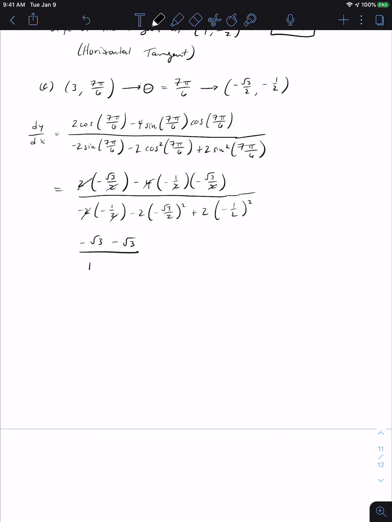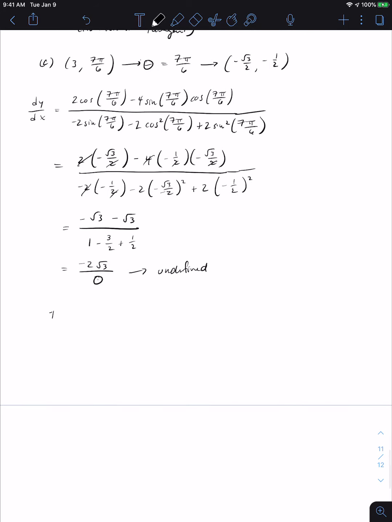And then the radical 3 gets squared, so that should be just positive 3 over 2. And then I get 1/2 squared, so that's going to make it 1/4 and 1/2. So I end up getting minus 2 radical 3 over top of 0. Uh-oh, I'm undefined.